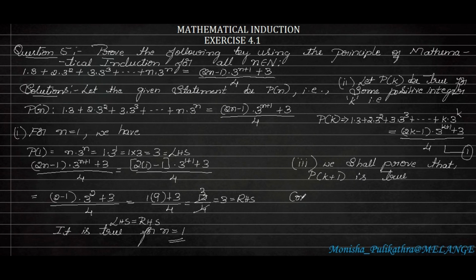So first we have to consider the question once again: 1 into 3 plus 2 into 3 square plus 3 into 3 cube plus etc. plus k into 3 to the power of k, plus (k plus 1) into 3 to the power of k plus 1.